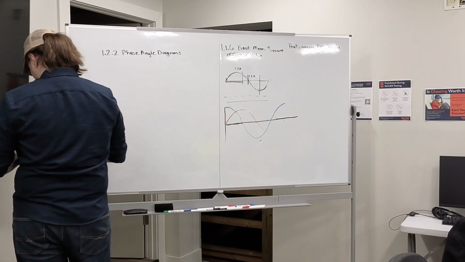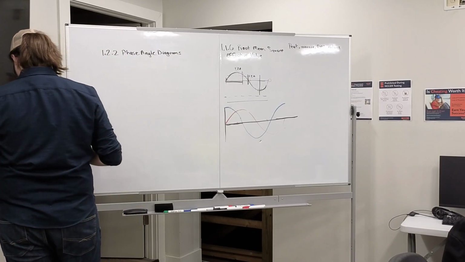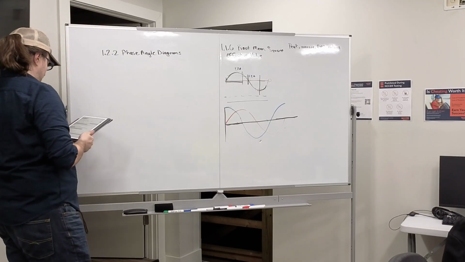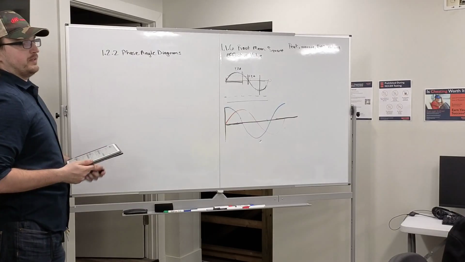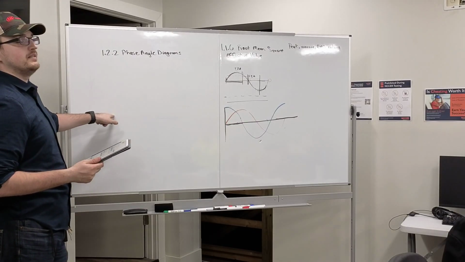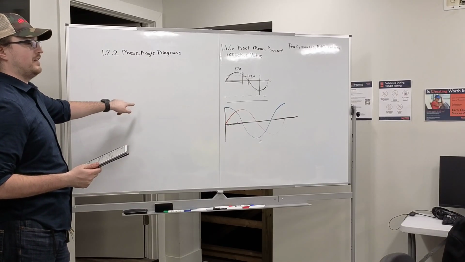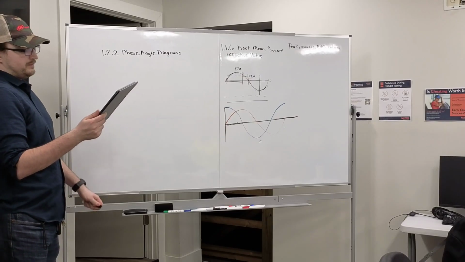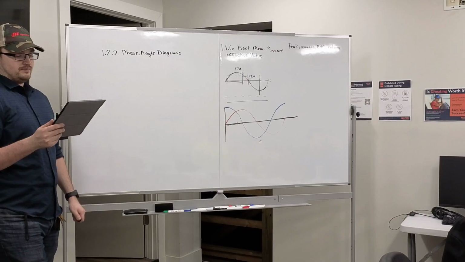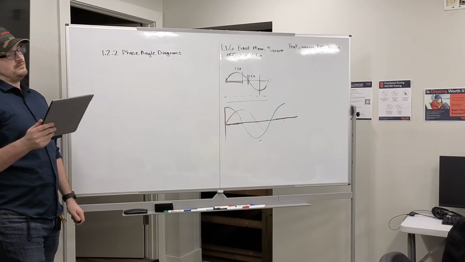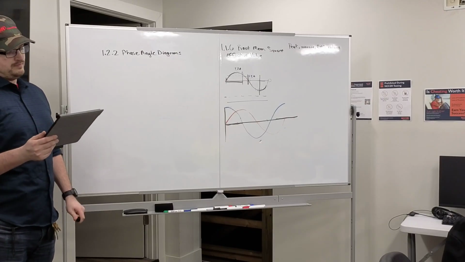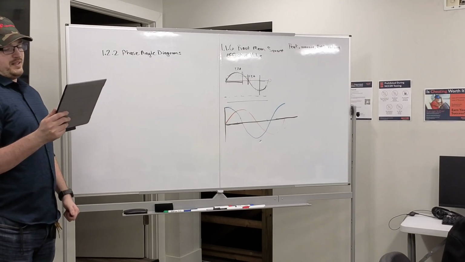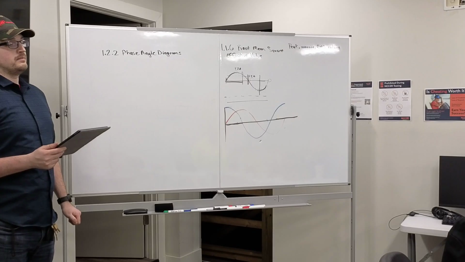Phase angle diagrams. Vector diagrams are used to show AC phases. That's basically what I just drew. What is a vector? It is a line with a direction, a quantity that has magnitude and direction.